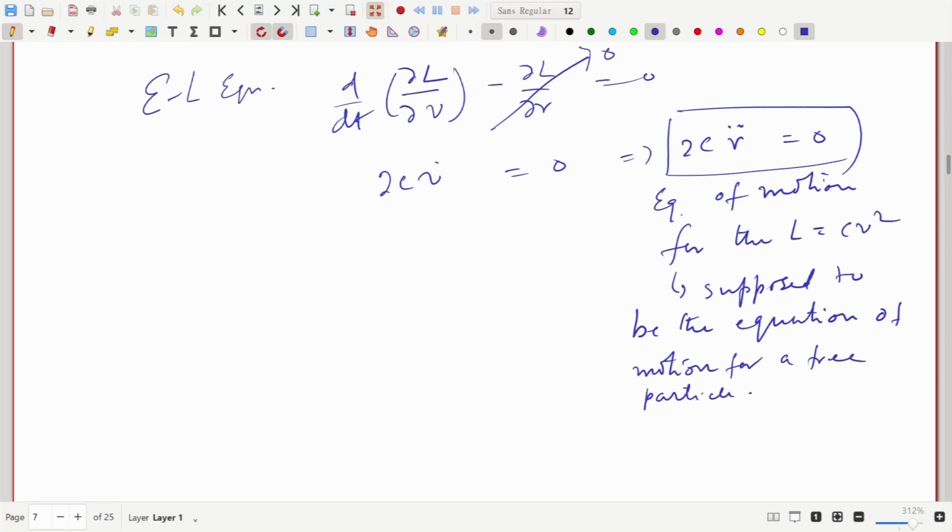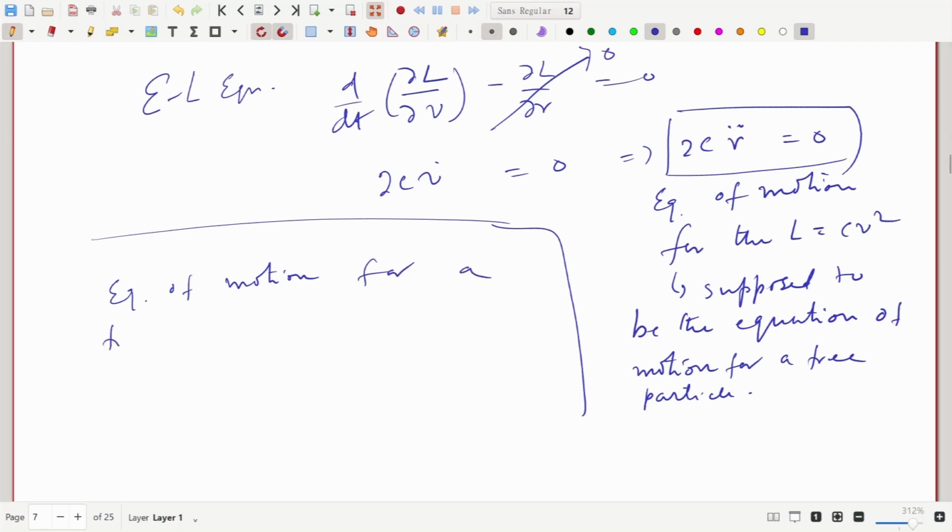But we know the equation of motion for a free particle is m r double dot equal to 0, because there is no force acting. So, m r double dot equal to 0.